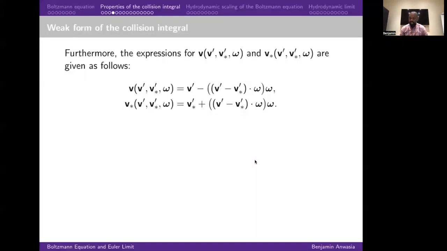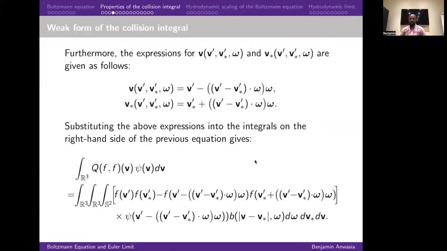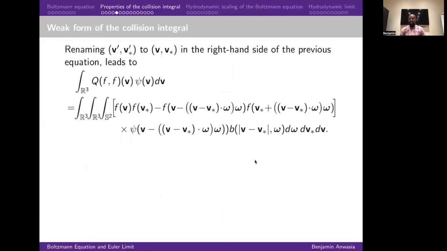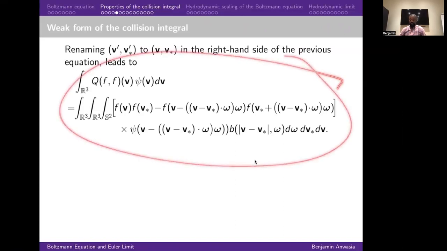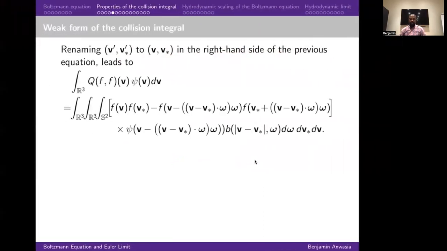Therefore, substituting these formulas into the integral on the right-hand side of the previous equation, we obtain the following equation. Next, we rename V prime and V star prime to V and V star in the integral on the right-hand side of the previous equation to obtain this equation. Now, recall the definition of the post-collision velocities, which is given below.